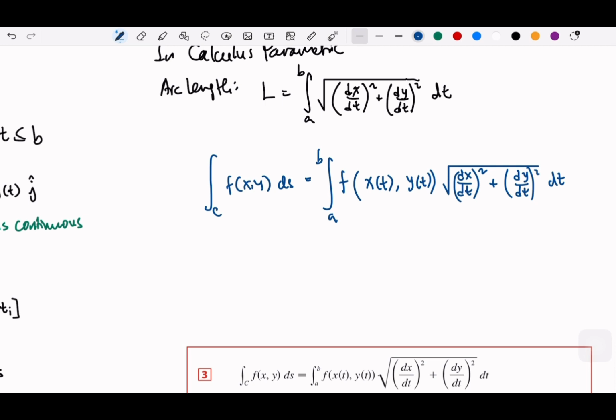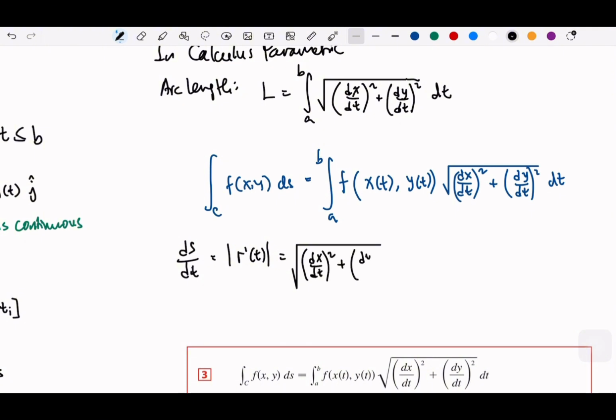If you remember, we have ds/dt in vector functions, which is the magnitude of r prime t, and which is also the same as the arc length in the parametric. So it doesn't matter which perspective we take, the conclusion is the same. This is also the same with the arc length formulations.